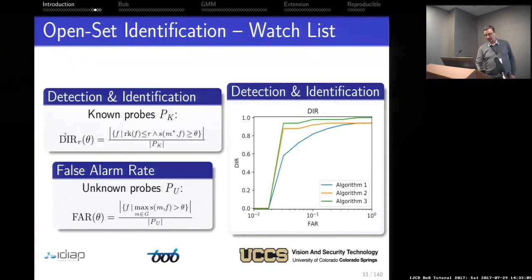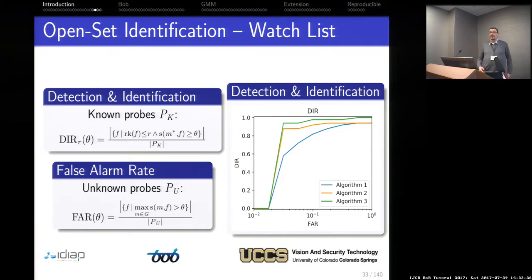And you compute the so-called detection and identification rate based on a given threshold, and the so-called false alarm rate based on a given threshold. And in the detection and identification rate curve, you plot the DIR over the FAR.